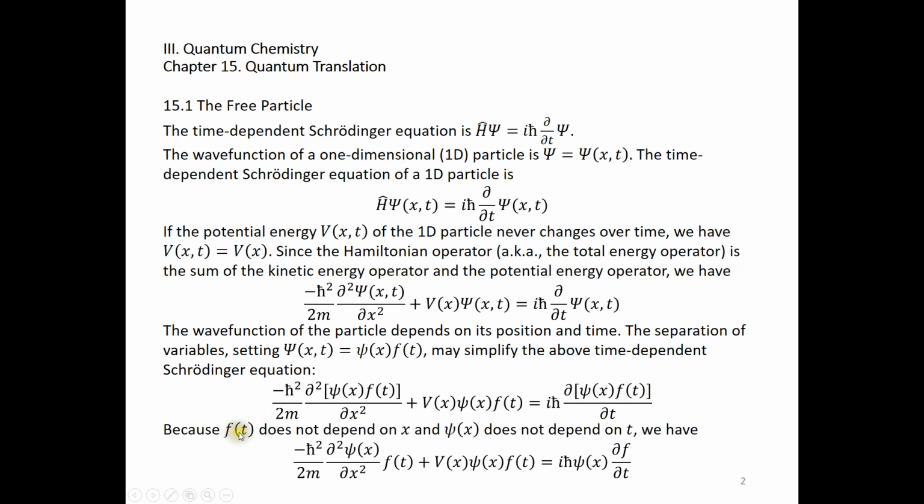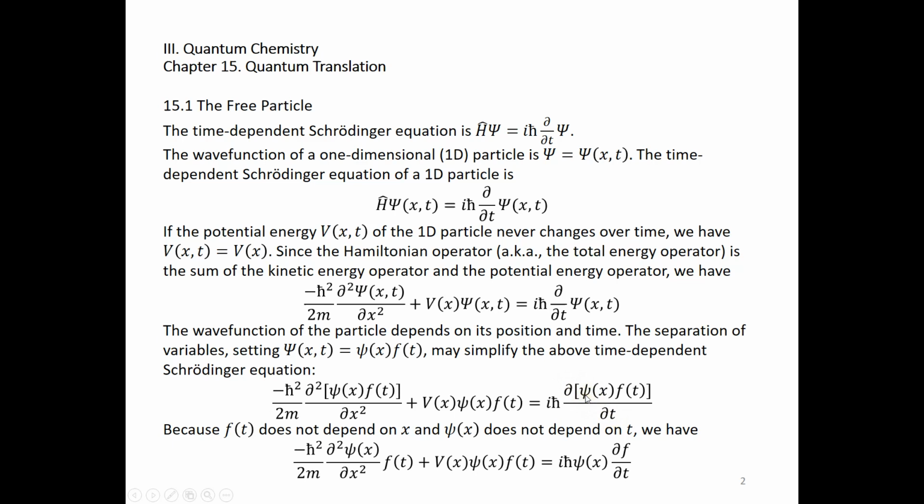Because the function of time does not depend on x and the function of x does not depend on time, we can simplify this equation. Over here we can take this function of time out of the second derivative, and over here we can take this function of x out of the first derivative with respect to time.